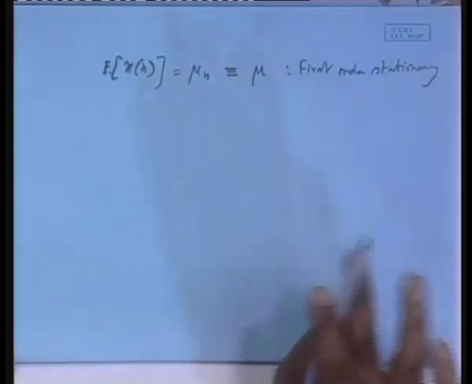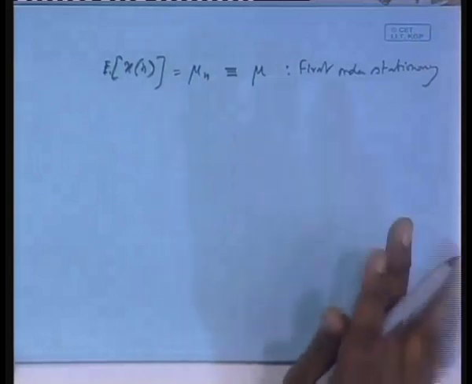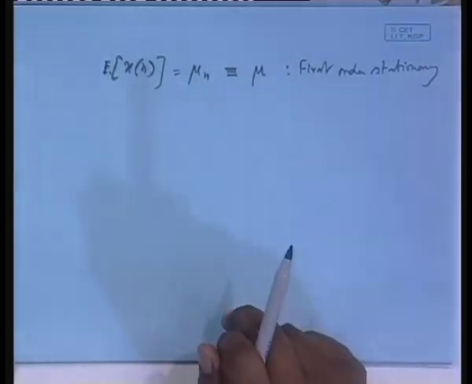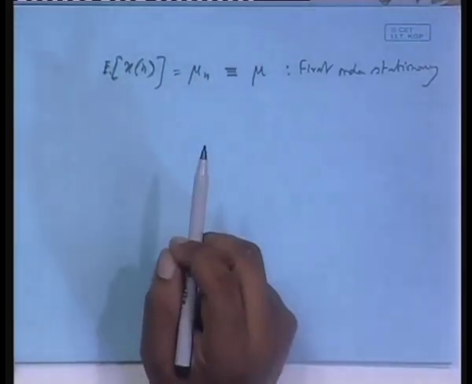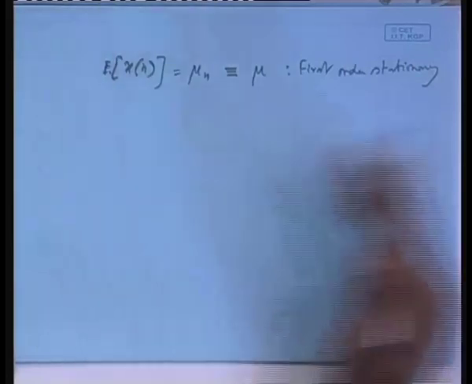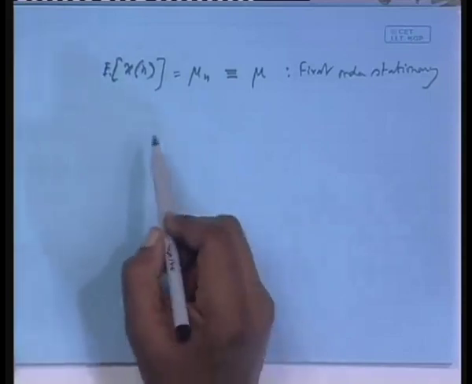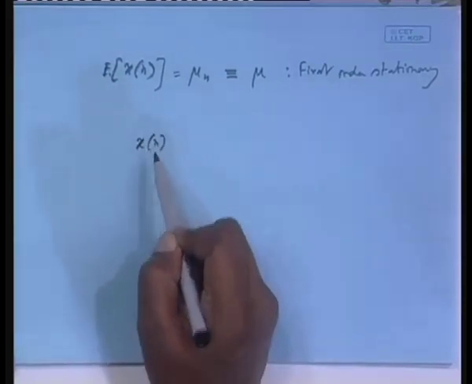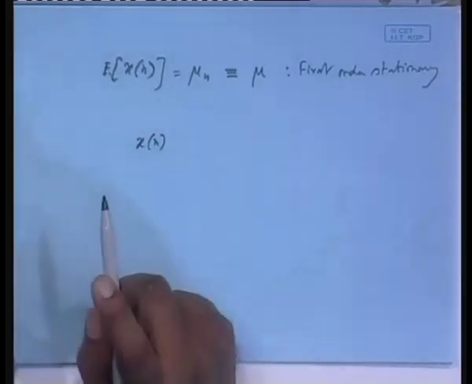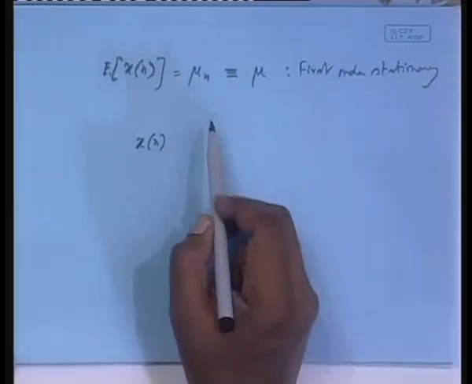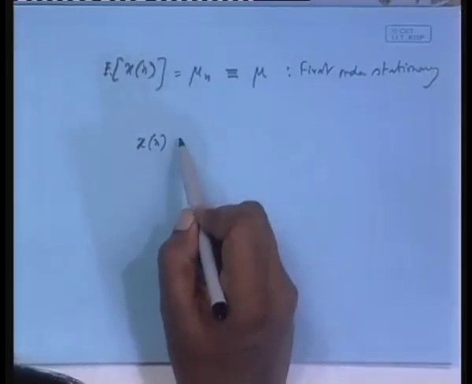Mean gone, fine. Another thing I discussed, the correlation, covariance and all that. Here if you take two samples, one at the nth point, another at a gap of k, and they are in general complex, you have to find out the correlation between them. One is the nth sample, another is the n minus kth sample.